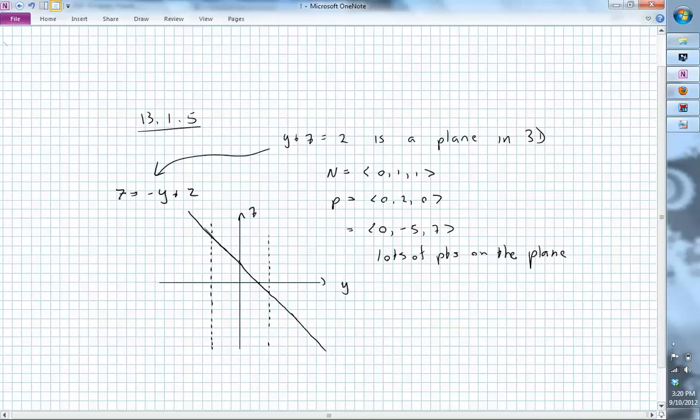Okay, so the intersection of the plane and the cylinder looks like what? Depending on your perspective. Down the y-axis, it's really just like a circle tilted in a sense.